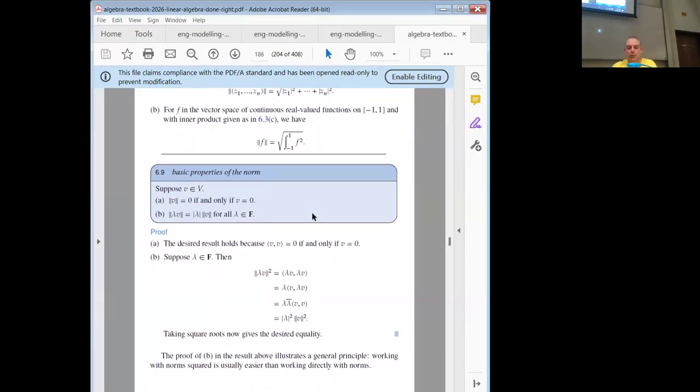So it's worth noting, this is one of my favourite things about inner products. In general, inner products are made by multiplying the coordinates together.